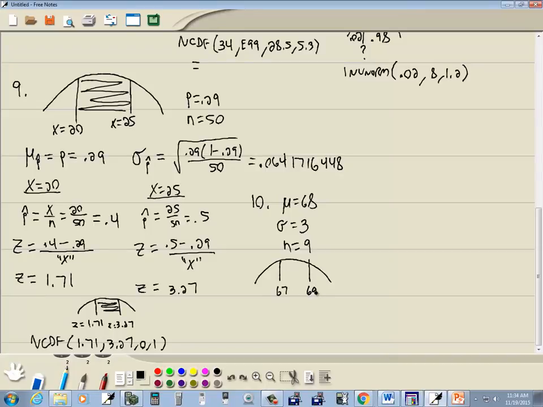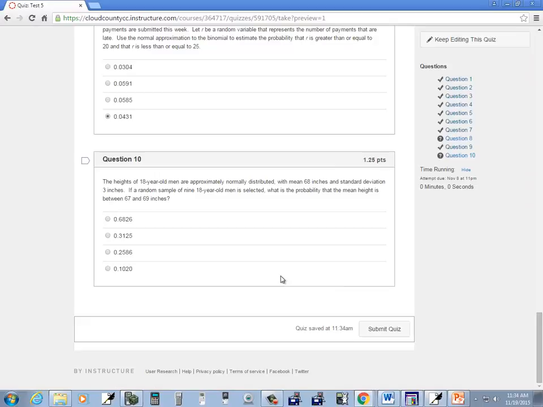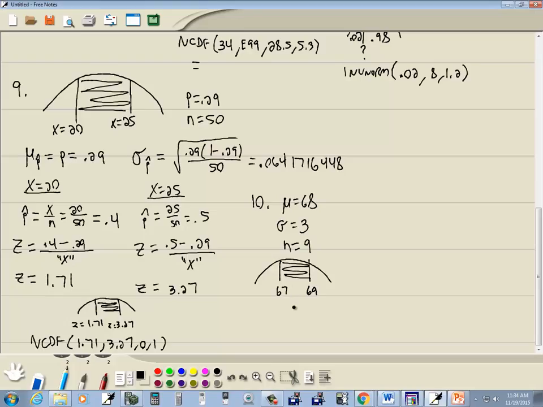So 67 to 69. And we're talking about mean height, and we're talking about those 9 individuals. So we're talking about more than one, which means we're going to use normal CDF. This is central limit theorem. And we'll do 67, comma 69, comma our mean, wait a minute, eyes are off. Mean is 68. And then comma our standard deviation, which is 3, divided by the square root of n.